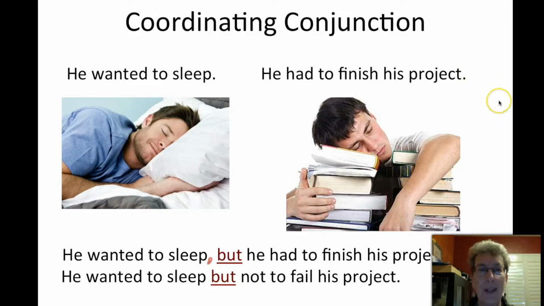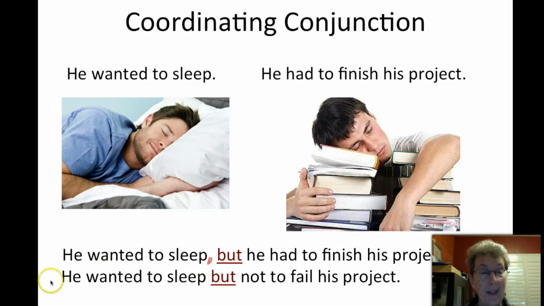All right, so let's look at some example sentences. For coordinating conjunctions, in the first one, he wanted to sleep, but he had to finish his project. We are combining two independent clauses. He wanted to sleep is a simple sentence. He had to finish his project is another simple sentence. So, in order to combine those with a coordinating conjunction, you need a comma and the word.